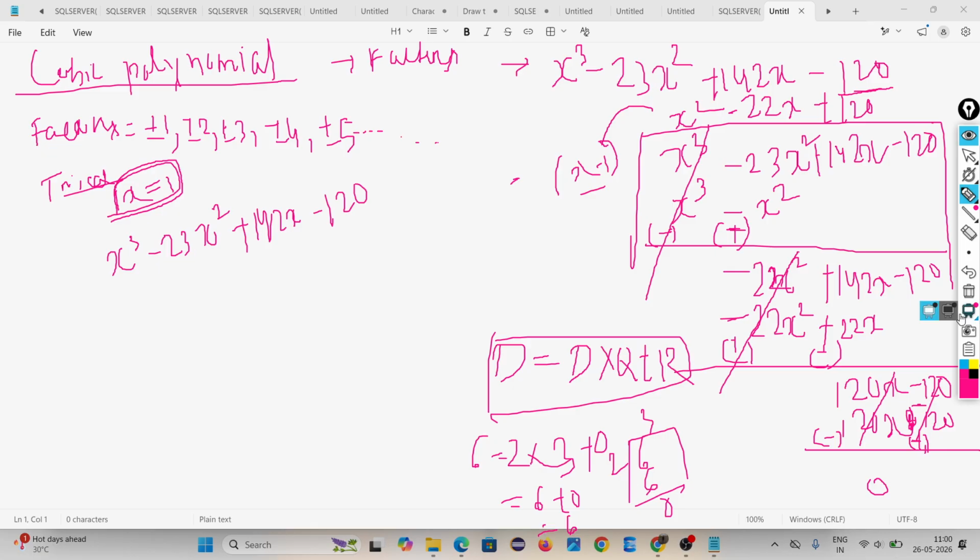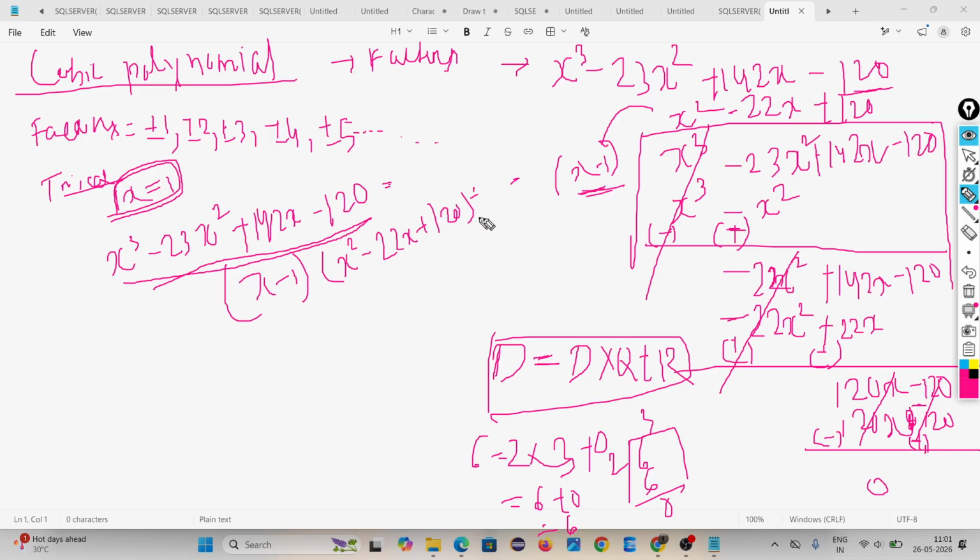That means in division, dividend equals divisor into quotient plus remainder. Same thing you apply here. This is your dividend, equal to this divisor into this quotient, and this is your remainder. It should be equal, na?